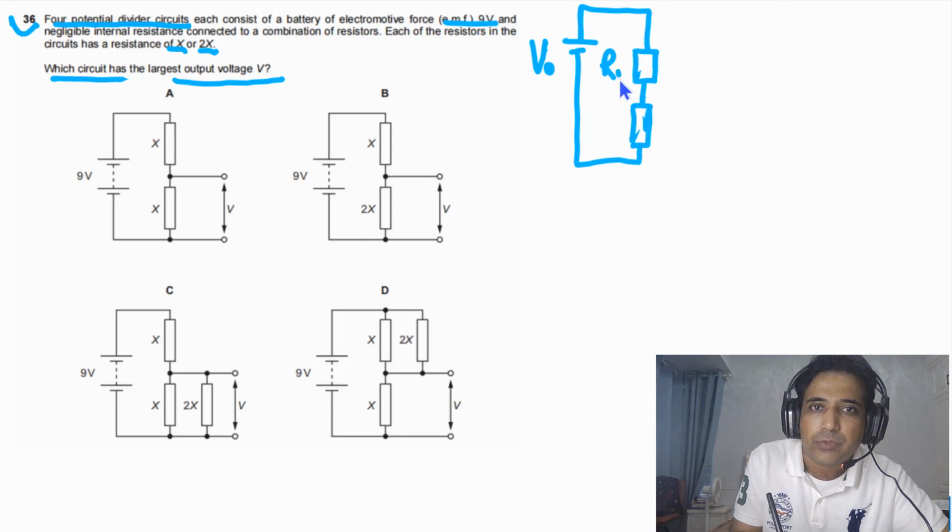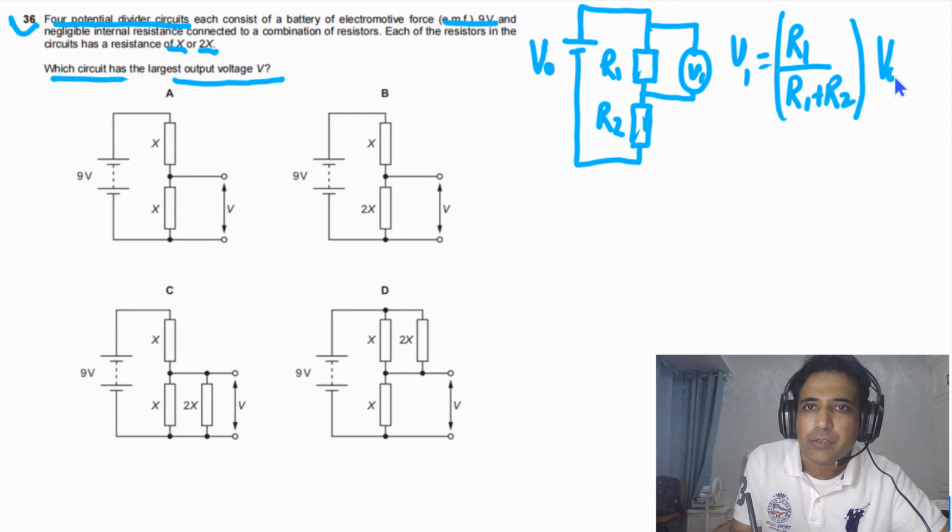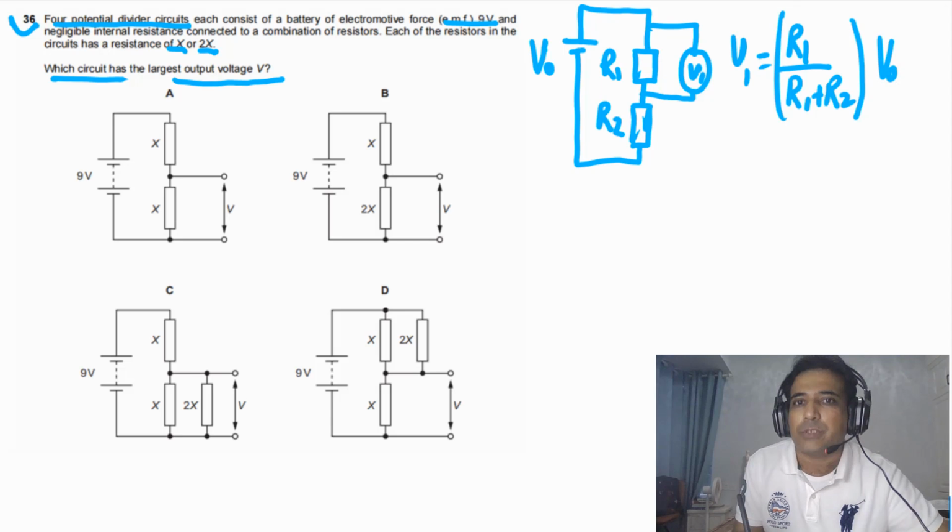We can also assume this resistor is R1 and this one is R2. If we need to find the PD across the first resistor, let's say V1, then V1 will be equal to R1 divided by (R1 plus R2), because the same current is passing through them, multiplied by V0. So this is how we can find it.